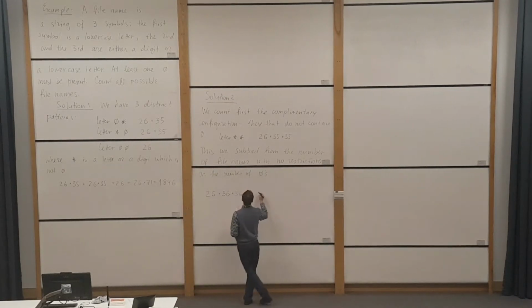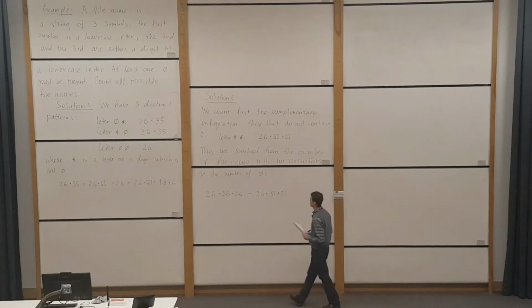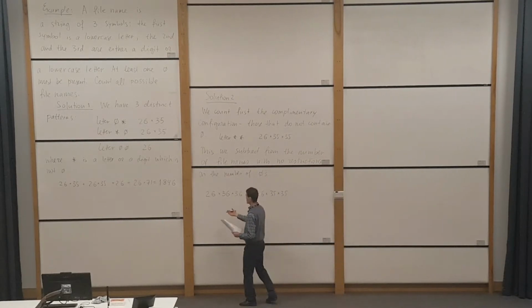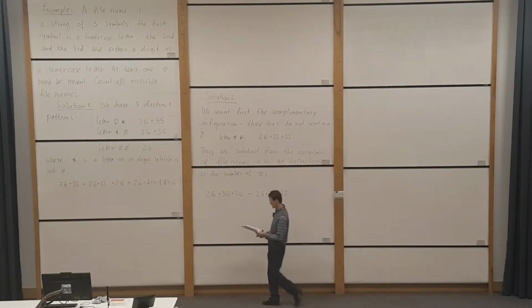So from this we subtract 26 times 35 times 35, right? The complementary configurations. We just remove those which are forbidden, those with no zeros at all.